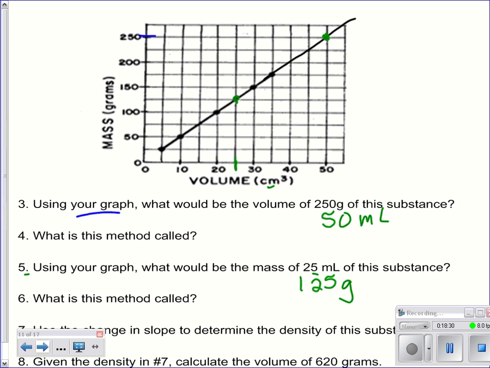So now what I really want you to see from this is there's a name for this type of method where you're estimating what that data would be based upon your graph. Anybody know what this first one's called, where you're going beyond your last data point? So we are going extra. We are going beyond. It's extrapolation.